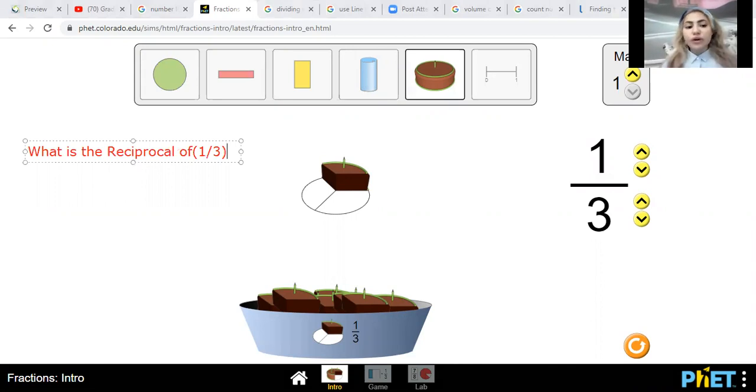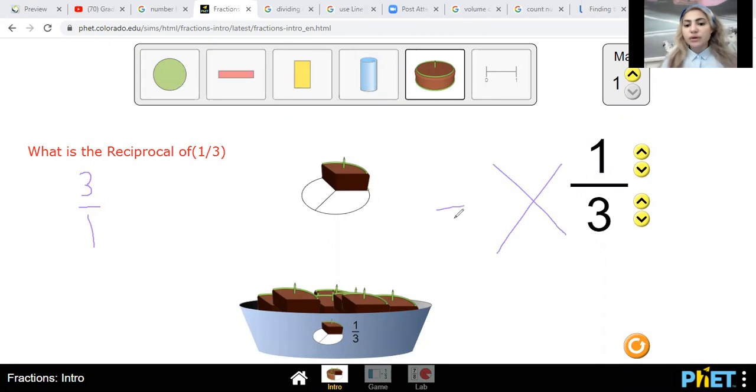The reciprocal of 1 out of 3 equals 3 out of 1. What did I do? I changed the numerator, I put it in the place of the denominator. I changed the denominator, I put it in the place of the numerator. That's the meaning of reciprocal. I put the numerator in the place of the denominator and the denominator in the place of the numerator only.